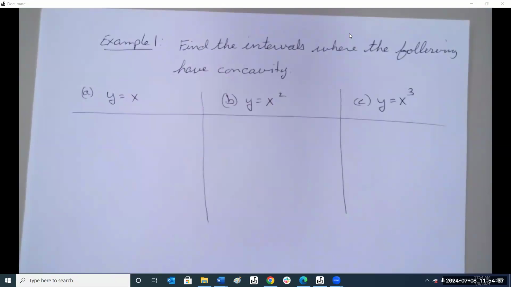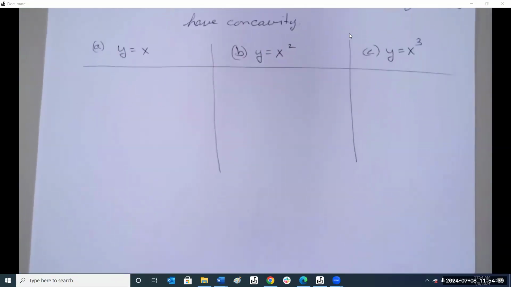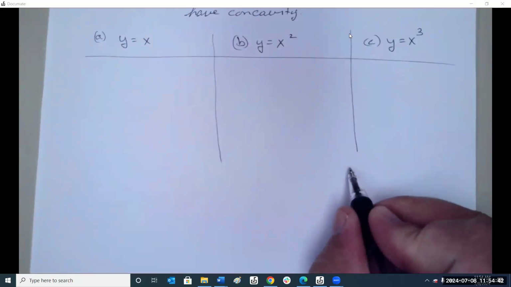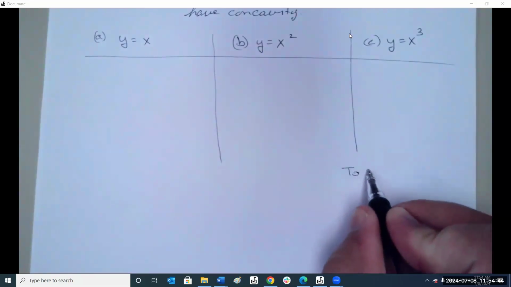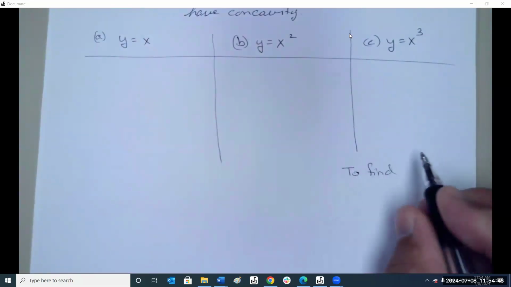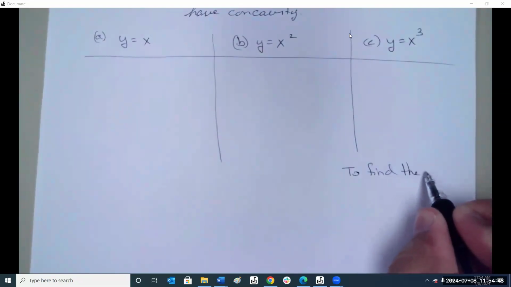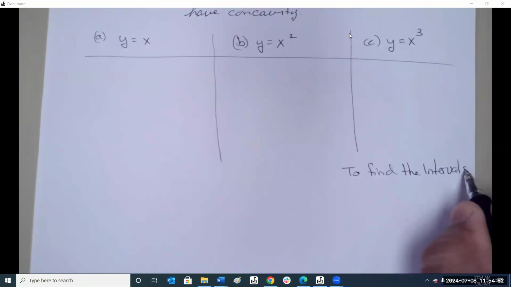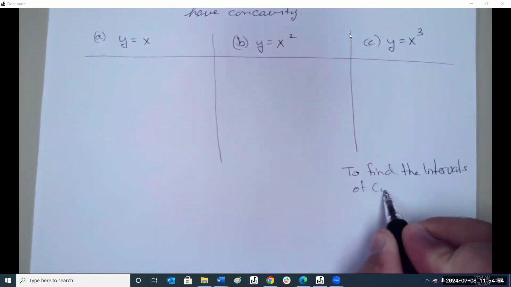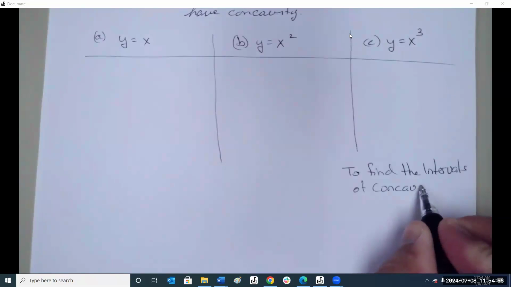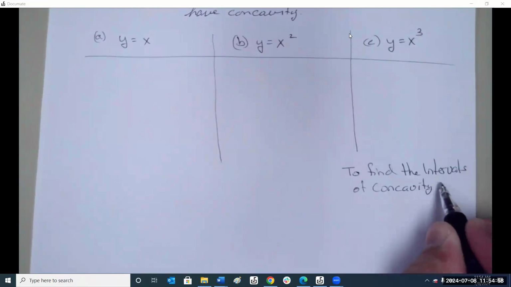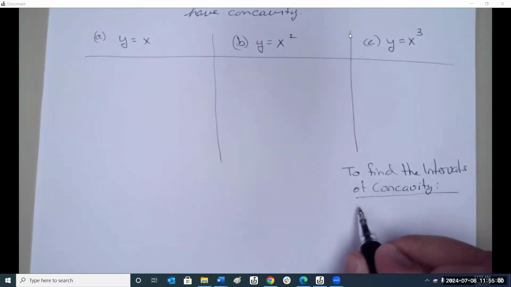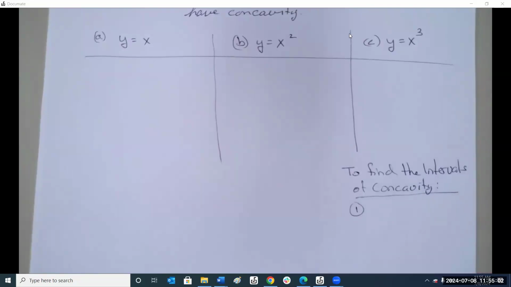How do we do that? Find the intervals of concavity. What do you think the first step is?